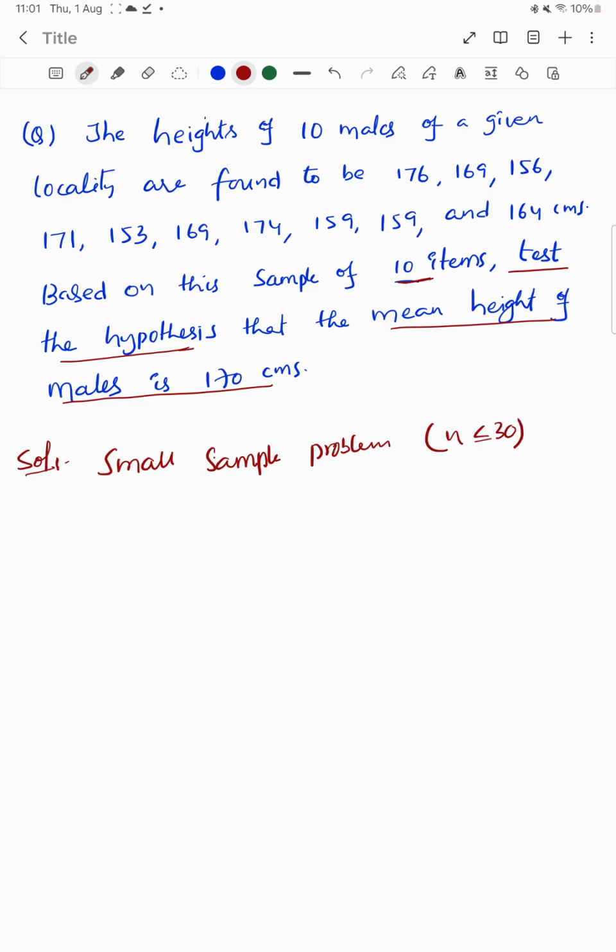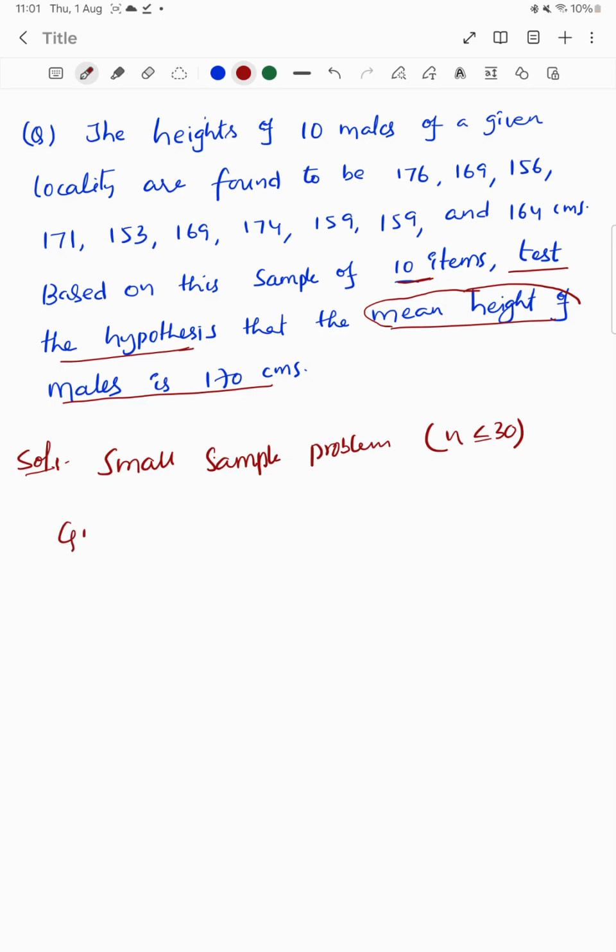The second important point is that we are asked to test whether the mean height of males is 170 centimeters or not. After observing the data, we can understand that this problem comes under the t-test, to test the claim that the average height of males is 170 centimeters.